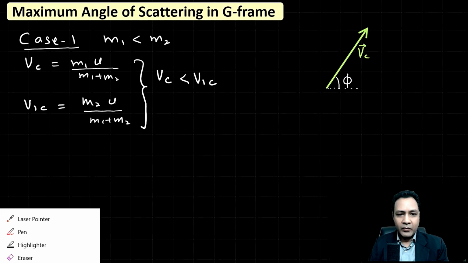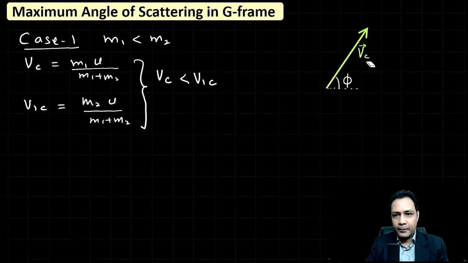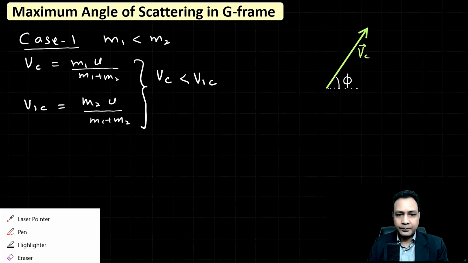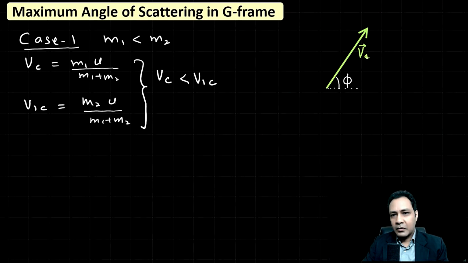So I can show the v1c vector like this. This is not vc, this is v1c, the vector making angle phi with the x-axis, and it can take any possible value of phi.